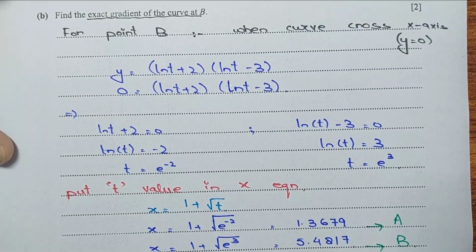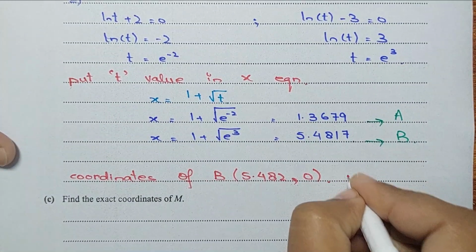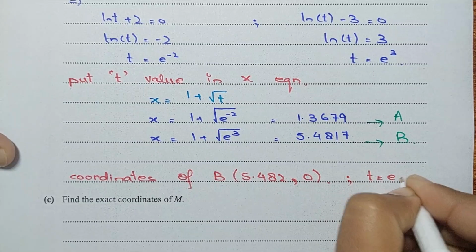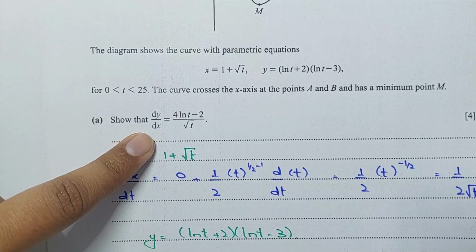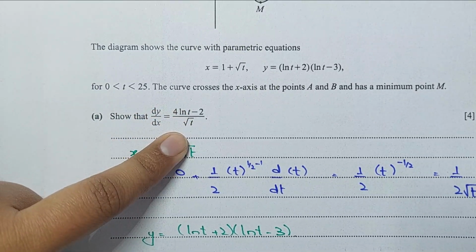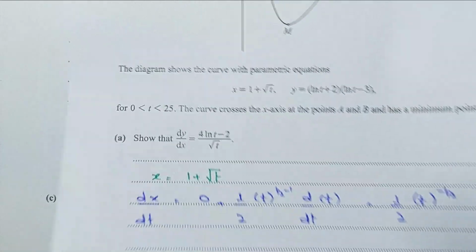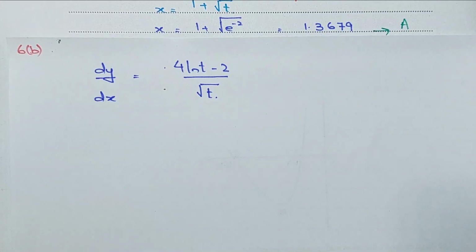Now we can find the exact gradient of the curve at point B. So for point B, what is the t value? The t value is e cubed, right? Now we have the gradient of this curve at point B. Now this is dy over dx, and this is in terms of t.